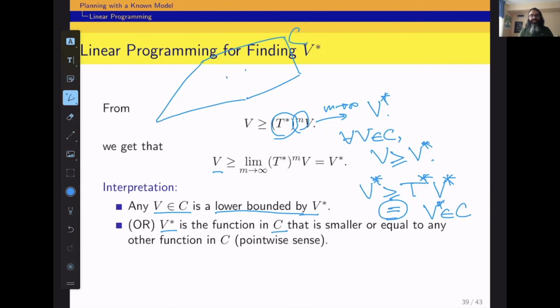But v star is the point that is smaller than any other points here, which means that it should be here. If I compare it pointwise, for any other v here, v star is going to be smaller than v. So that's kind of the geometric intuition of it. We are in this set C, and then we find a point that is smaller than any other point there.